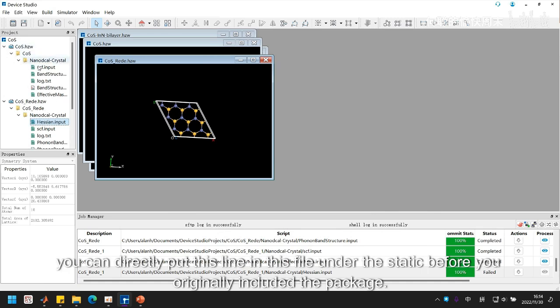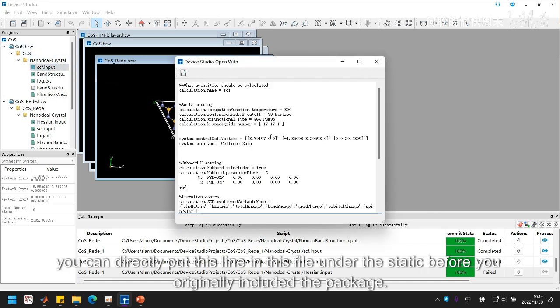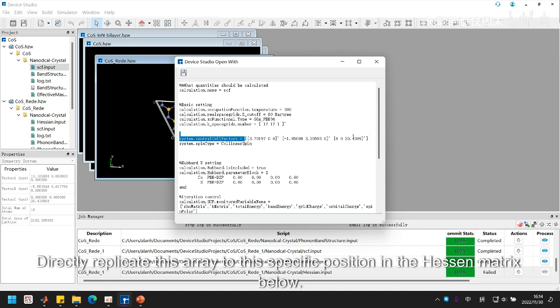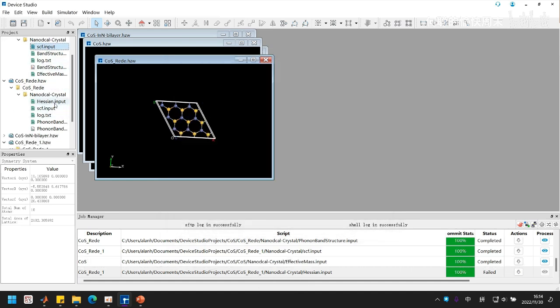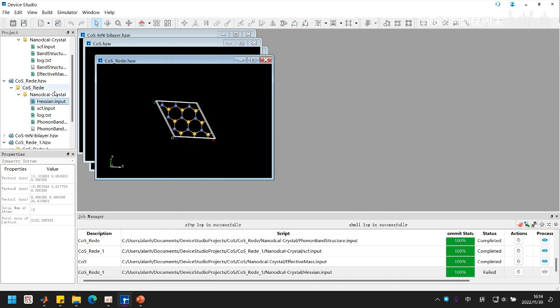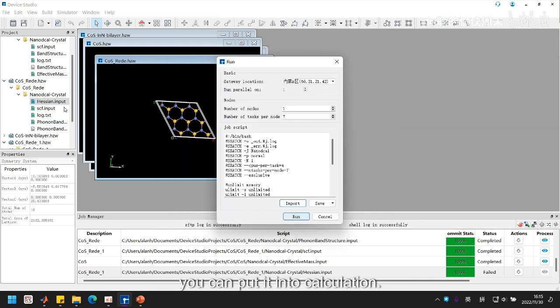You can directly put this line from the file under the static calculation, where you originally included the supercell, and replicate this array to this specific position in the Hessian matrix calculation below. After saving, simply, once this static self-consistency is over, you can put it into calculation.